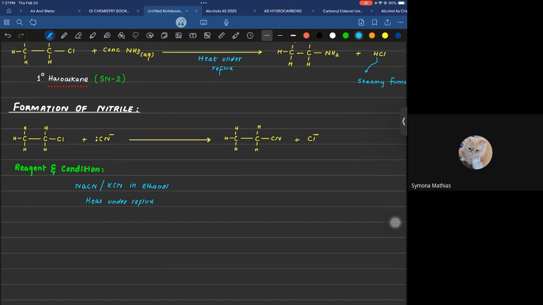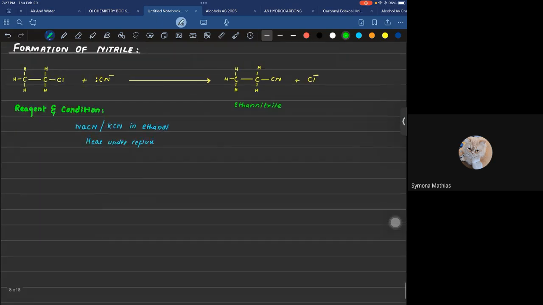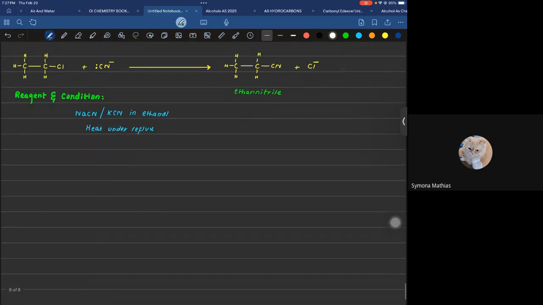Okay, so what I have made here is ethane nitrile. Then we can do hydrolysis for the nitrile.